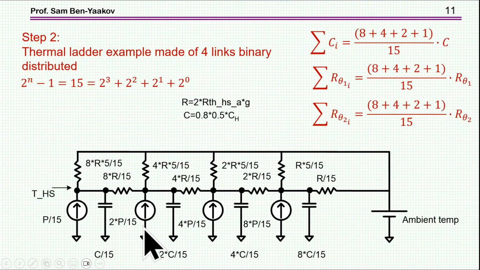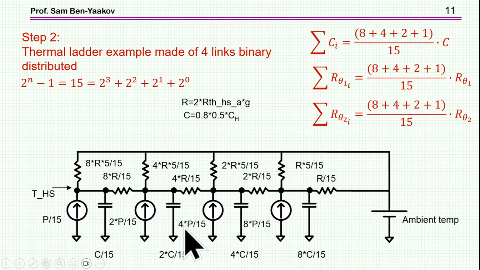And we assumed here a sort of binary law. So you see that here the thermal resistance is going down, capacitance is going up, and the sources are also going up. So this is just, again, arbitrarily dividing it into these 4 sections.